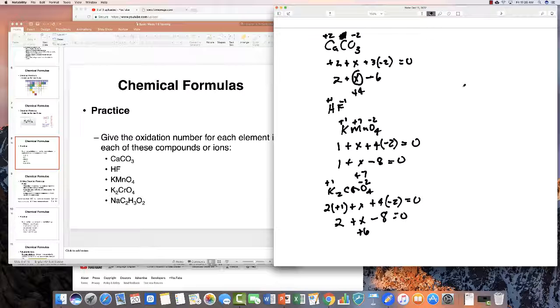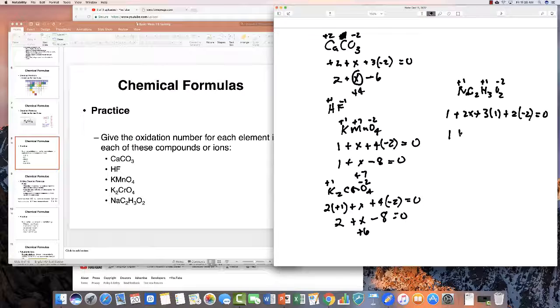And the last one here is a little more complicated. NaC2H3O2. Hydrogen is combining with a non-metal, so it's a plus 1. This is minus 2, and this is plus 1. So we have 1 plus 2 times something, 3 times 1 plus 2 times a minus 2 has to equal 0.